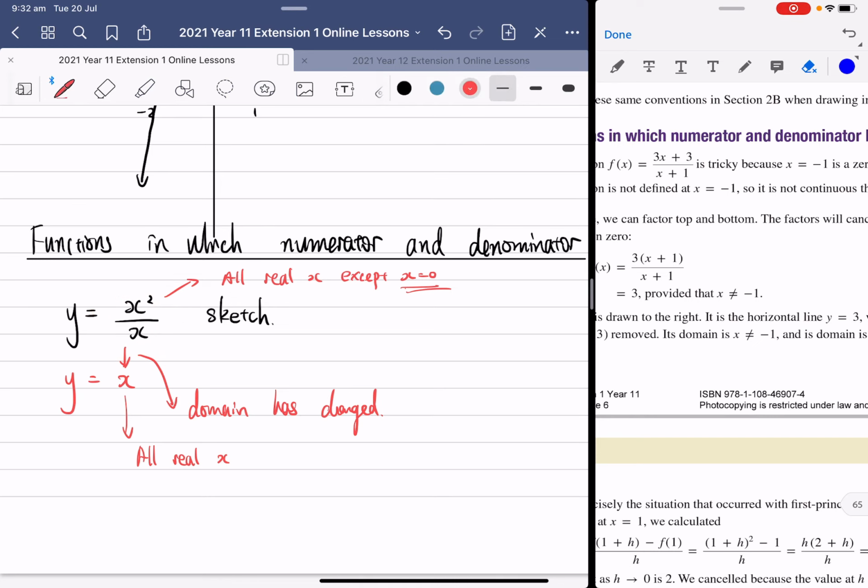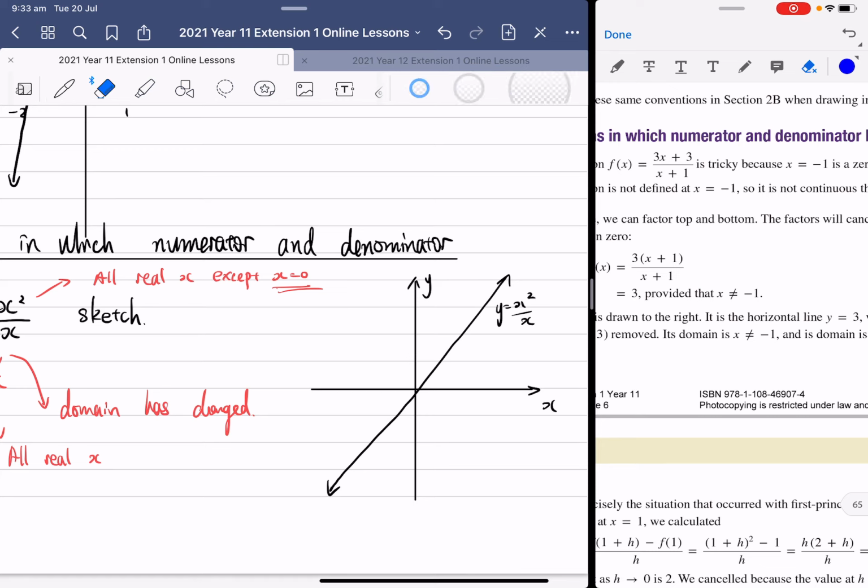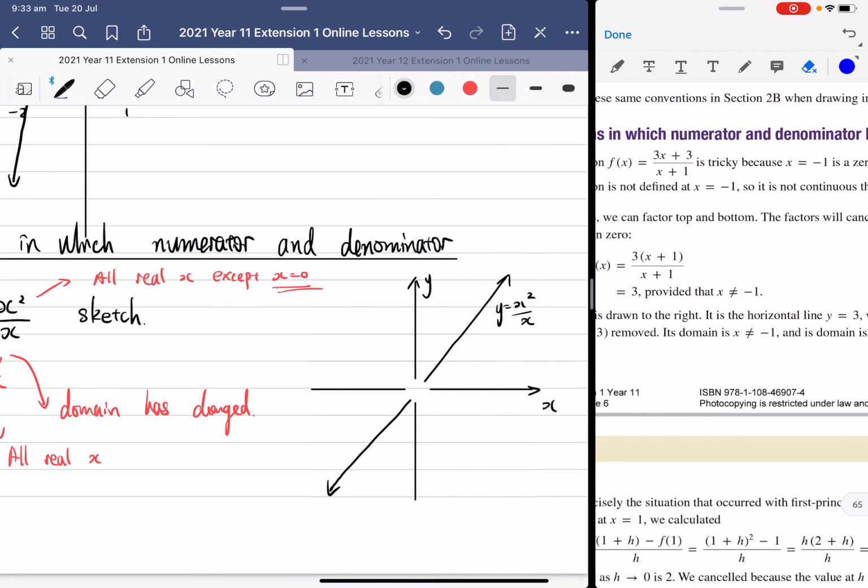So in that case, when we're sketching this function, we sketch y equals x after we simplify it. But it's super important that we remove the point. So this is just a straight line of y equals x, and I can label this as y equals x. However, if you want to sketch y equals x squared over x, you're going to remove the point here.